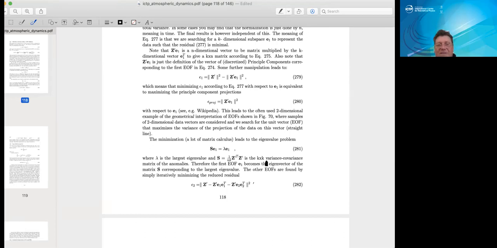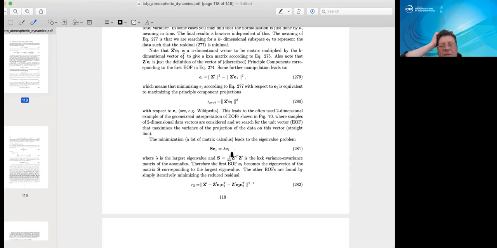So a huge matrix, which contains the variances and covariances of our data, all the information of how they interconnect spatially. That applied to the EOF is equal to an eigenvalue times the EOF. So it's an eigenvector problem, which can be solved. We have solved eigenvector problems already many times.